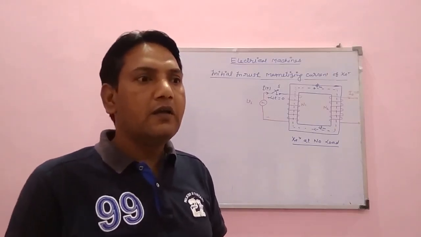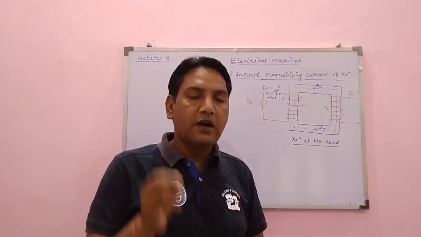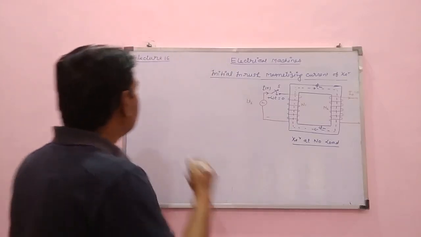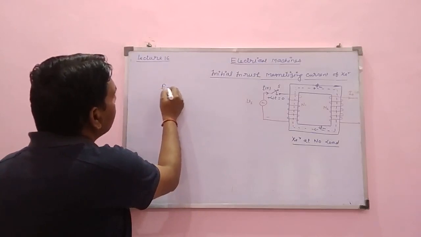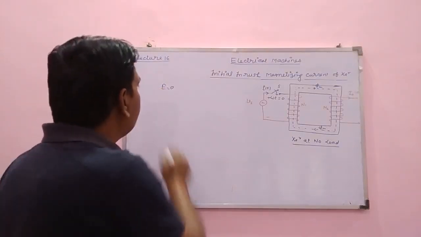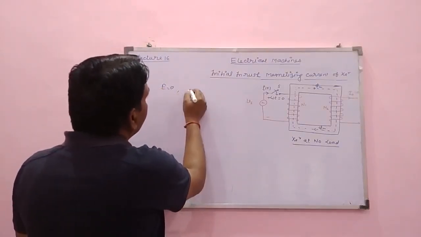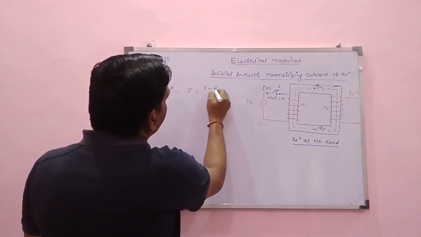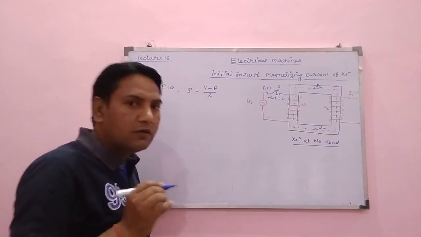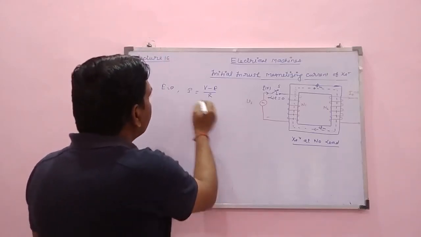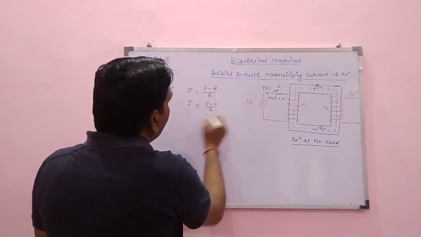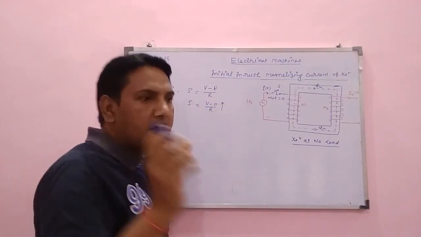But when a machine is under starting condition, the value of induced EMF is equal to 0, and when E is equal to 0, the current drawn by the machine will be the supply voltage minus E divided by the resistance of the machine. That's why I is equal to V minus 0 divided by R, meaning the value of initial current has increased.